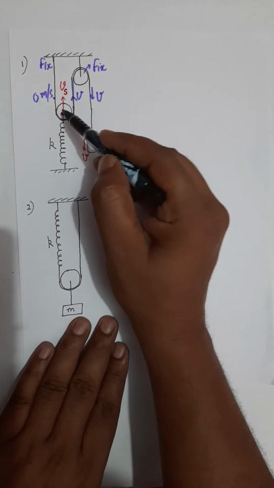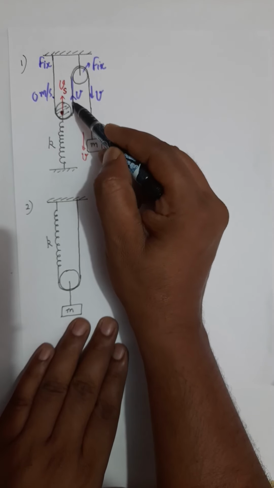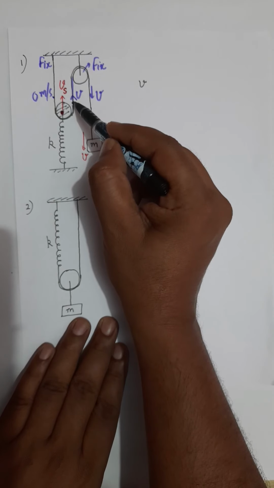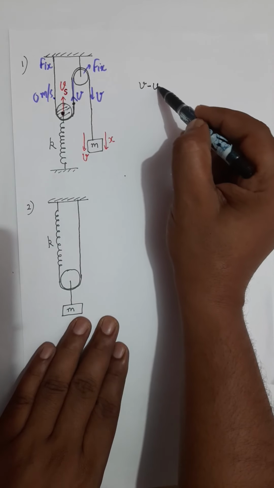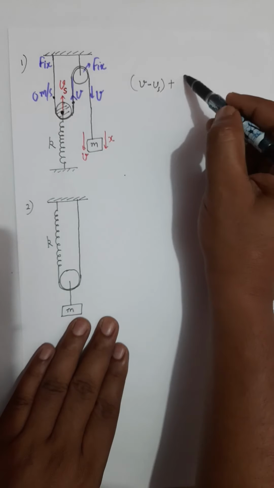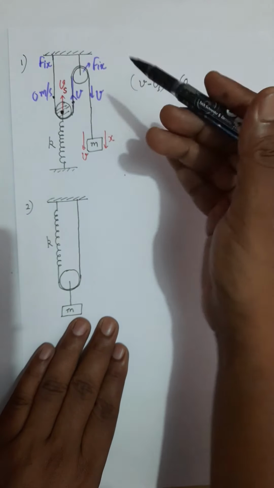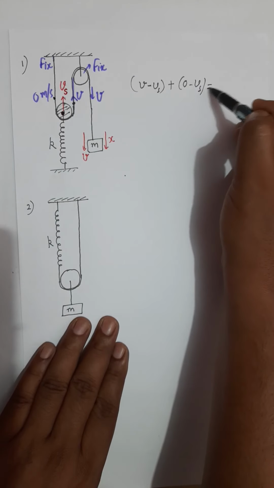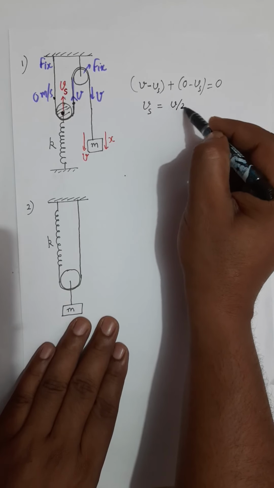Now focus on this pulley. For this pulley, on the right hand side you have velocity v, which if you calculate relative to the pulley, you get v minus vs, plus on the left side you have velocity 0, which if you transform in the frame of the pulley, you will write 0 minus vs, and now equals 0, and that means velocity of spring will be v by 2.